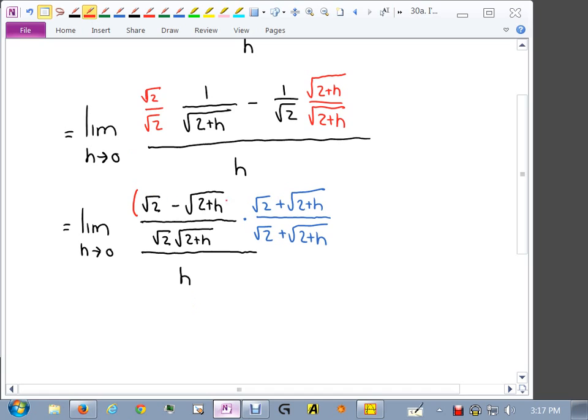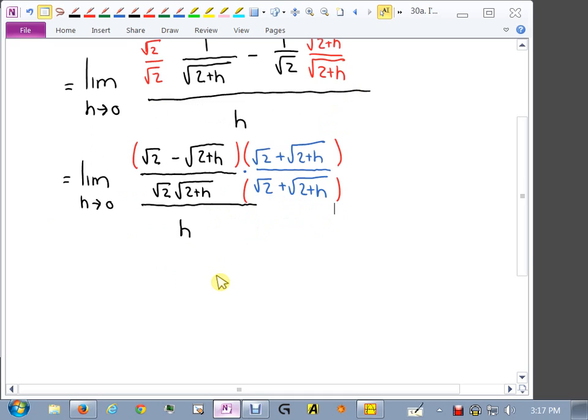Here come some parentheses to help me out because I'm going to have to do an expansion or a foiling of that. On the bottom, what have I told you to do with this bottom piece? Just leave it alone. Don't try and put them all together. If you're going to get an h to cancel, it's going to come out of the top, not out of the bottom. So multiply it out.